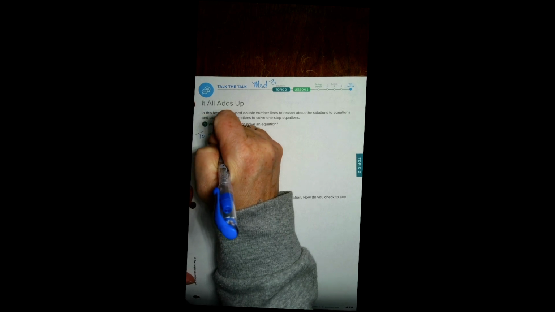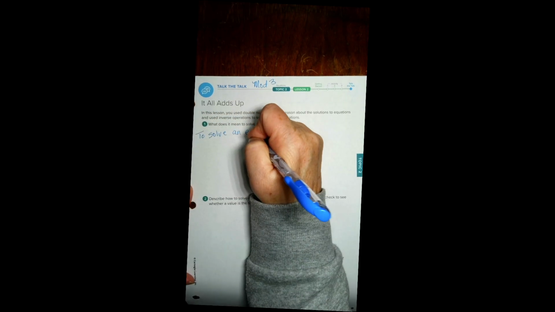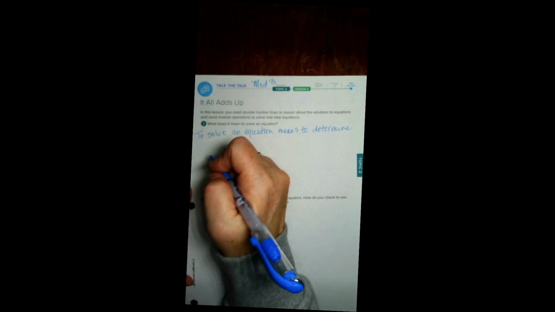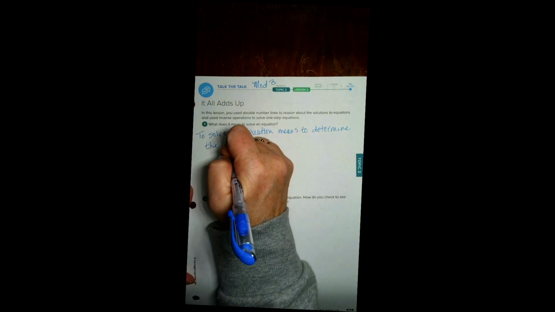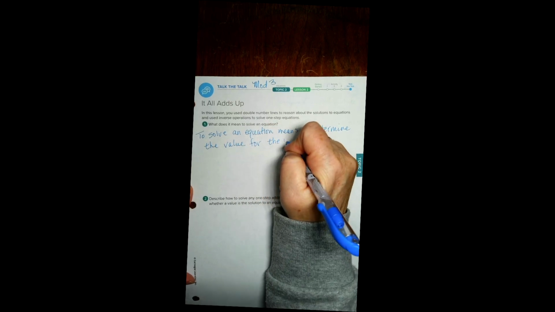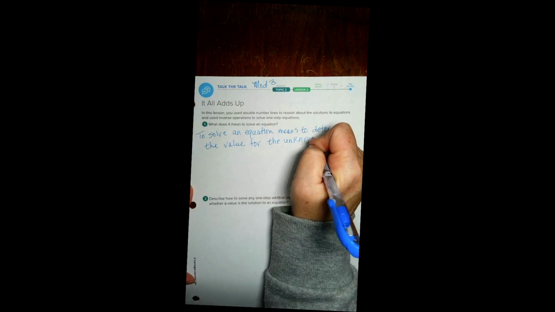To solve an equation means to determine the value for the unknown that makes the equation true.